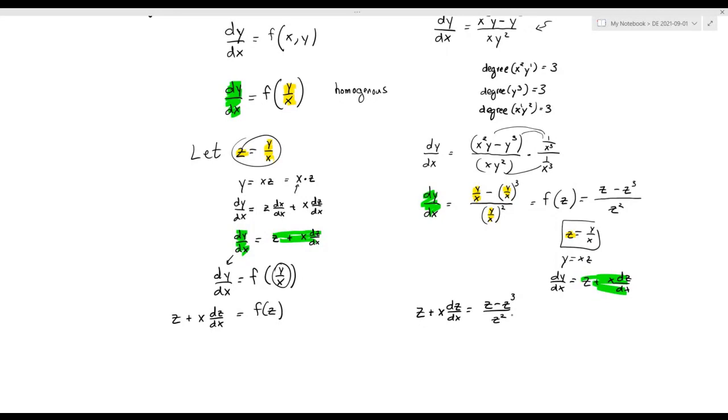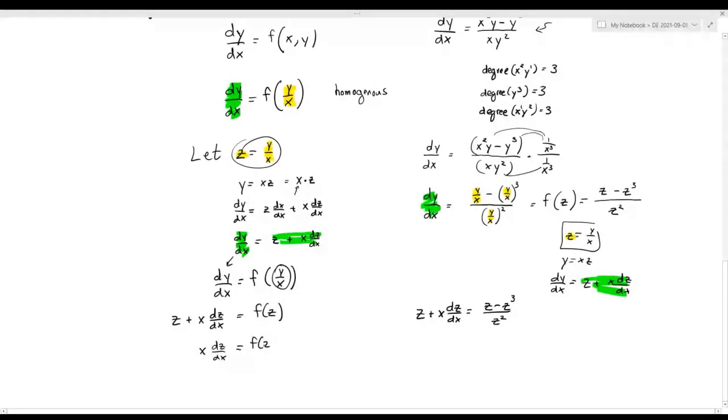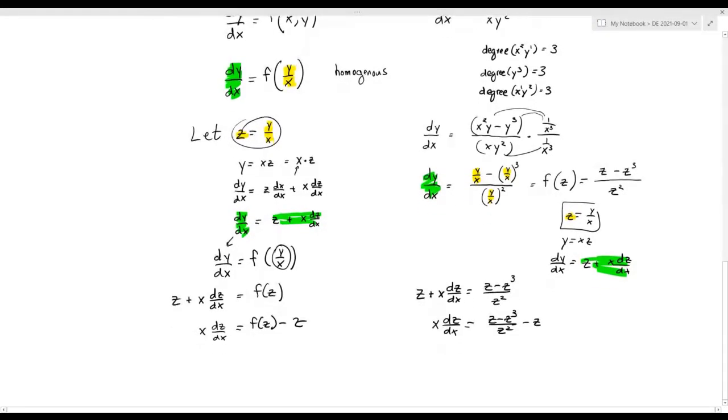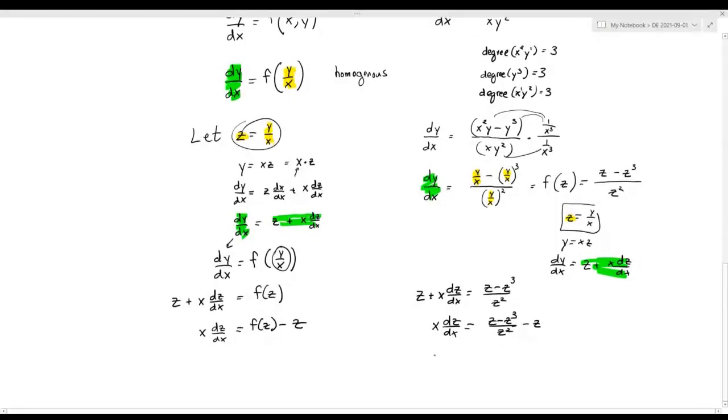Now, if you do have a homogeneous differential equation and you do this change of variable or transformation, you will invariably get a separable differential equation. So notice that I can subtract z from both sides. I can simplify, I suppose, the right-hand side in this particular example.